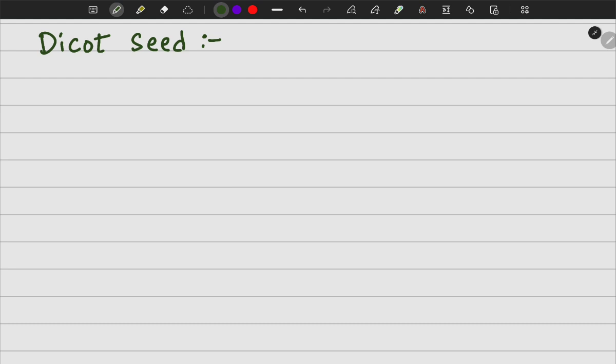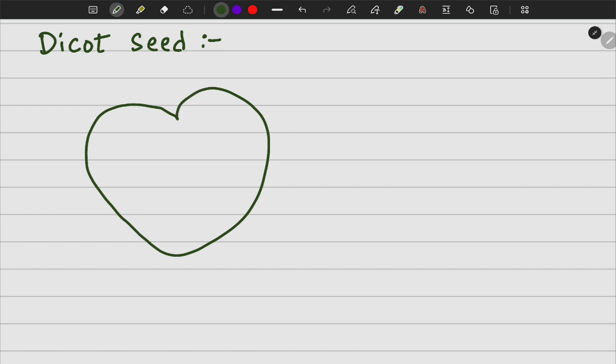Now, if we talk about the dicot seed, then there is an outermost structure in the seed which is called the seed coat. Now let me draw one seed so that it's easier to understand. So suppose this is a dicot seed, then this outer covering is called the seed coat, which provides protection to the seed.